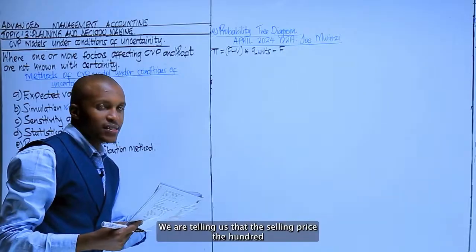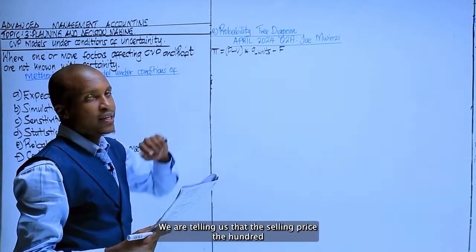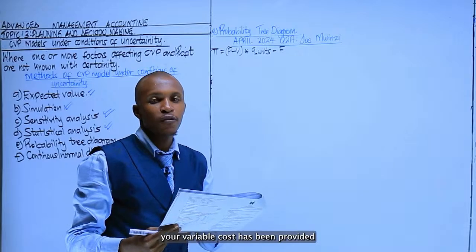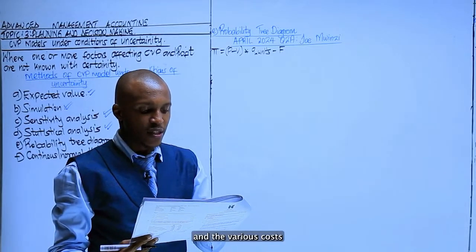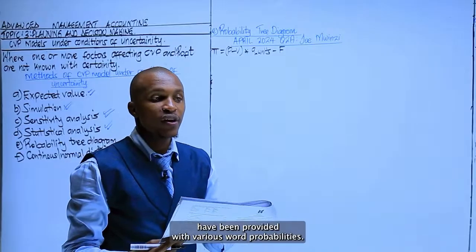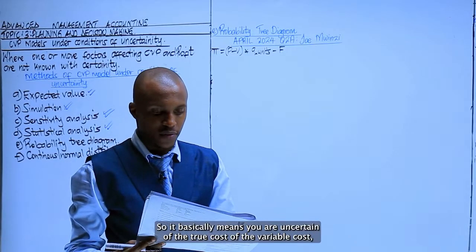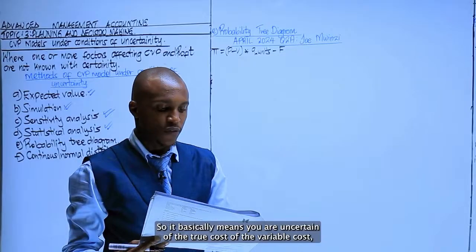They are telling us that the selling price is 1,000. Your variable cost has been provided with various probabilities, so it basically means you are uncertain of the true variable cost.